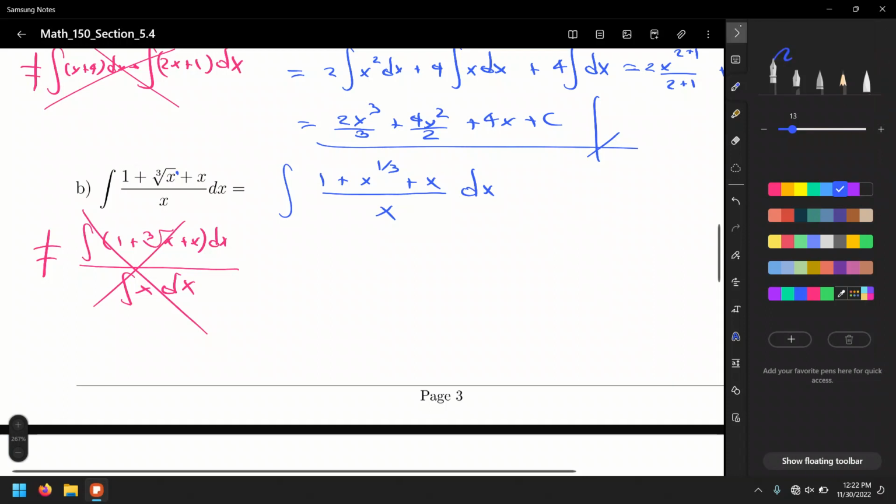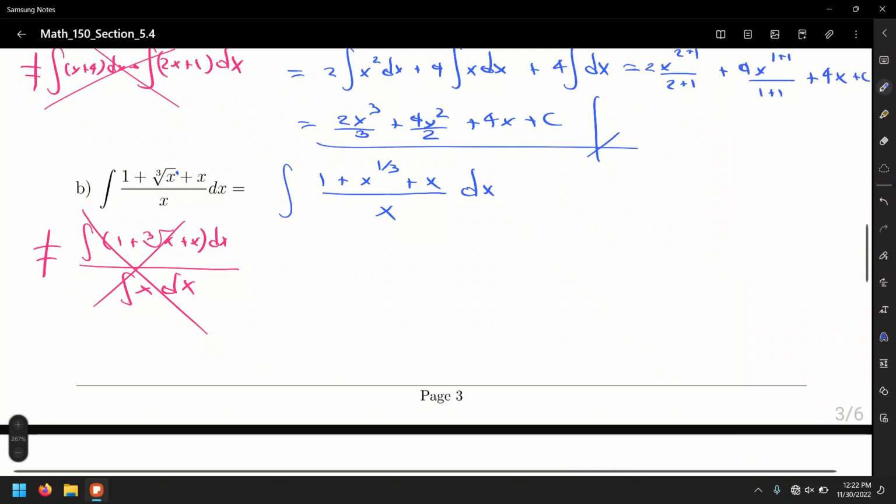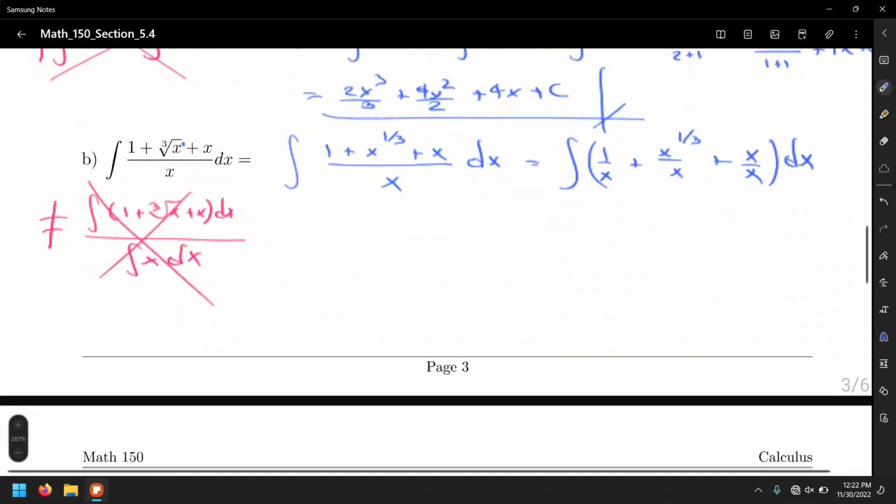All right. So, well, let's split it up. That's the integral of 1 over x plus x to the 1/3 over x plus x over x with respect to x. And well, 1 over x is simply 1 over x.